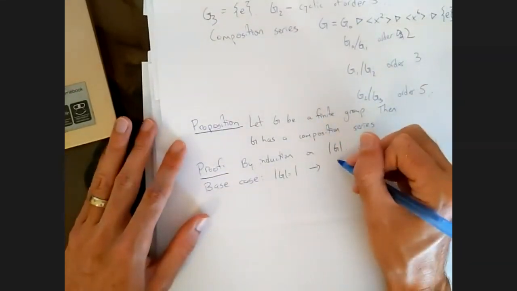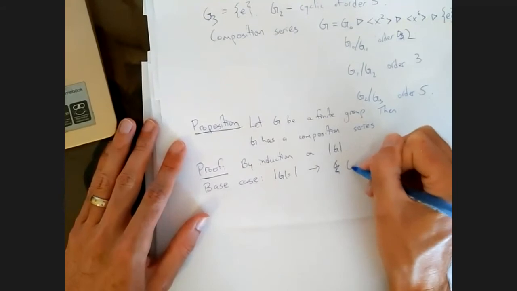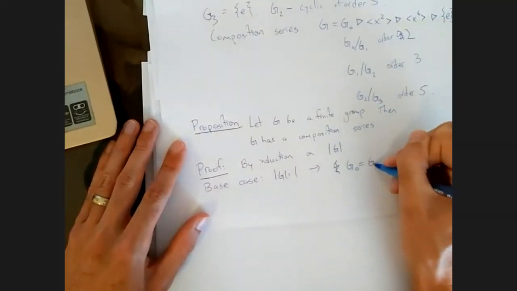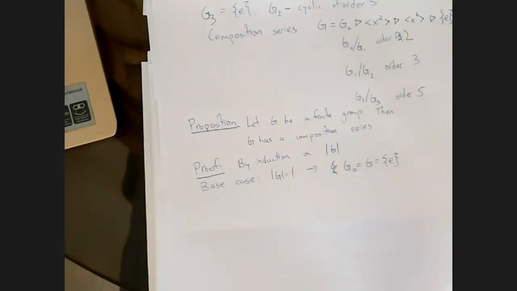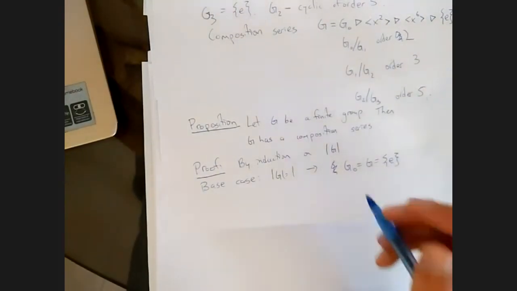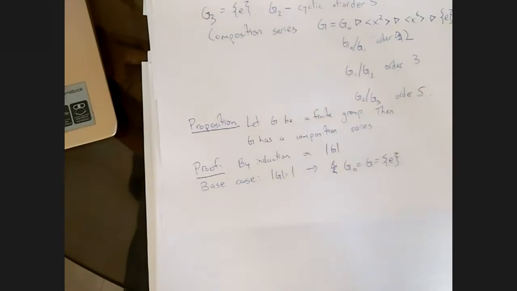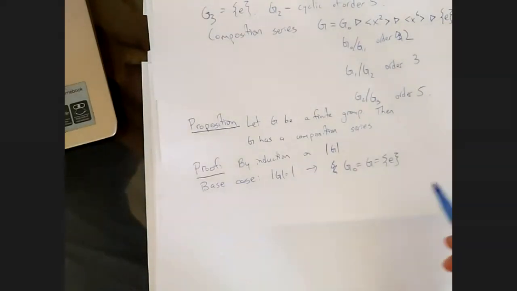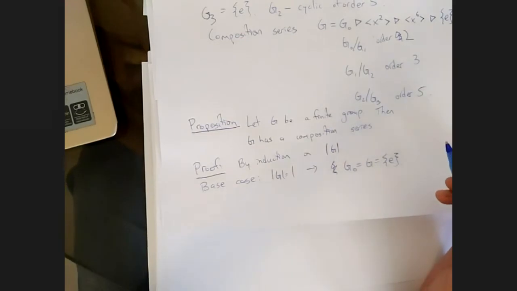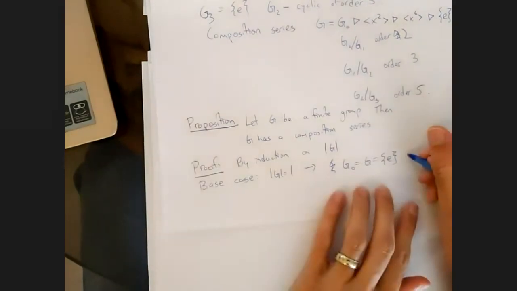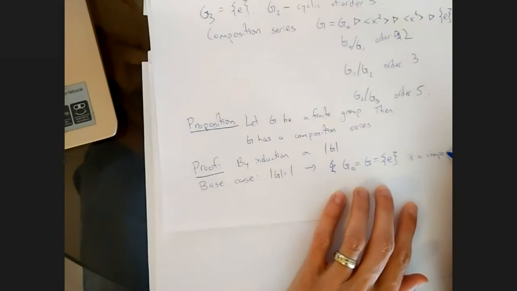The composition series is just G0 equals G, one single subgroup, because the trivial group is the entire group. So this is the composition series, a trivial one.